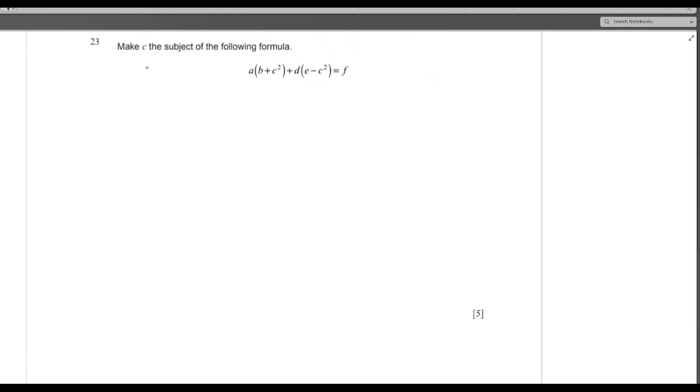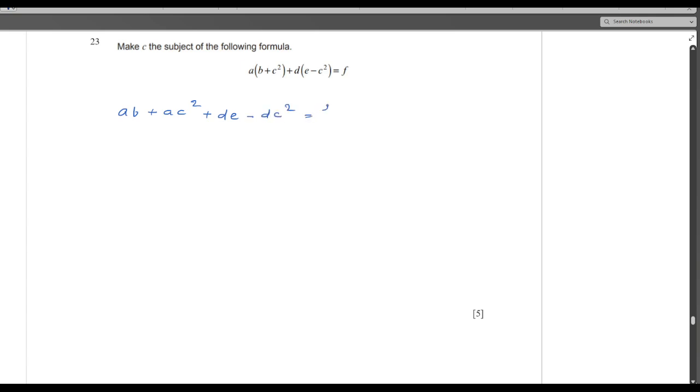Now here you have to make c as the subject of the formula. You have to collect all c at one place. So here if you open the bracket, you get ab plus ac square plus de minus dc square is equals to f. I will collect all c together.